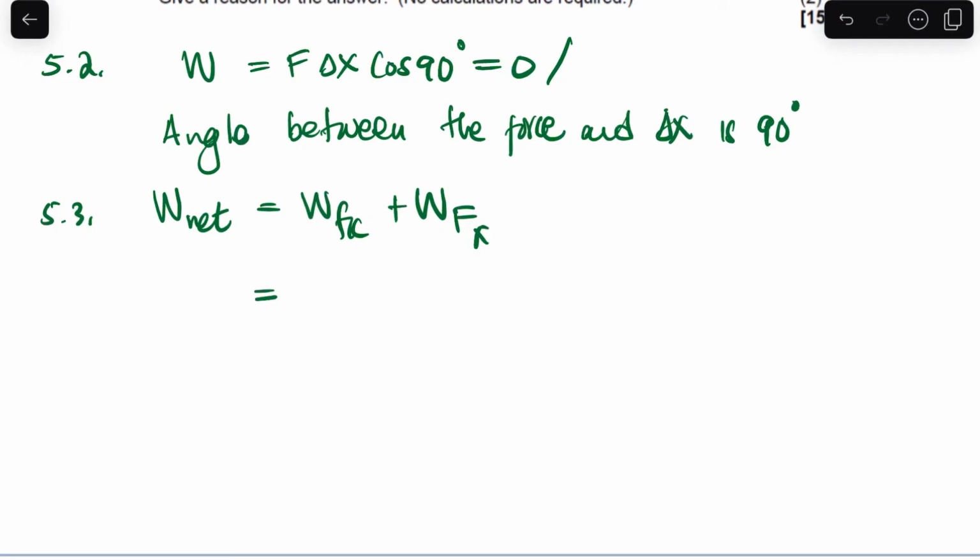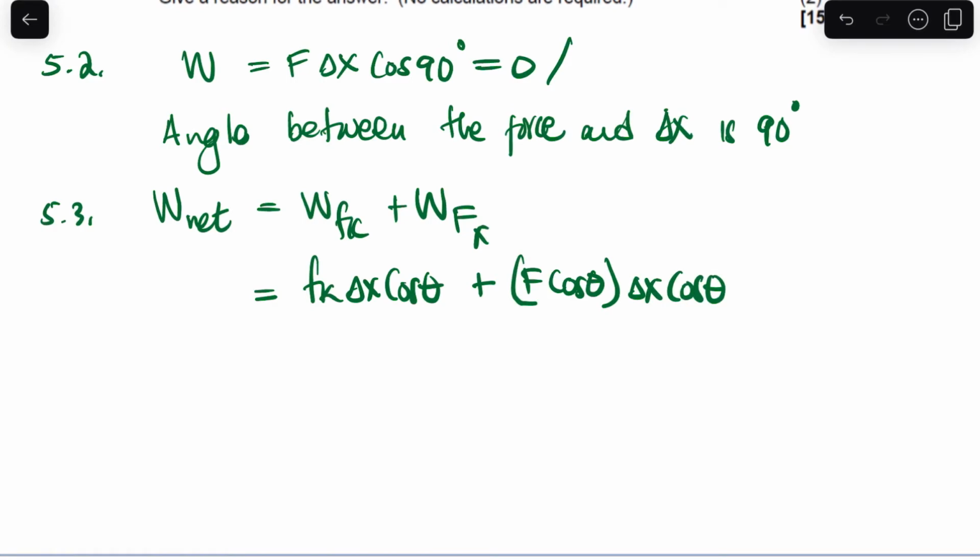So the work done by the frictional force is fk Δx cos θ, plus the work done by Fx, where Fx is F cos 30. This is Fx, and then Δx cos θ. And then we substitute. What is our friction there?